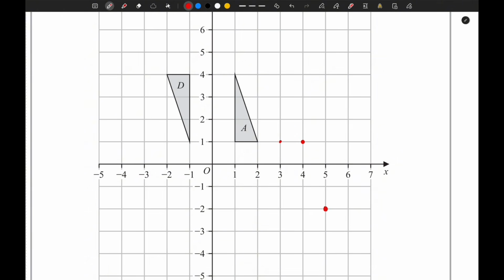So that's the new point. And if I take this point and rotate it about 3 and 1, it would be 5 and 1. So triangle B will look something like this. So this is the triangle B.